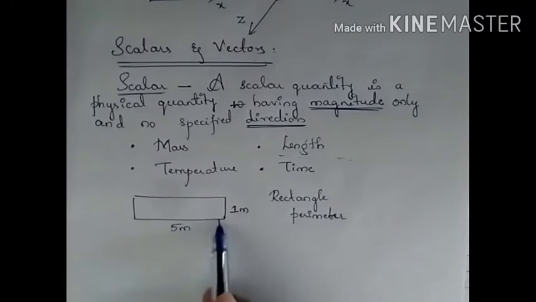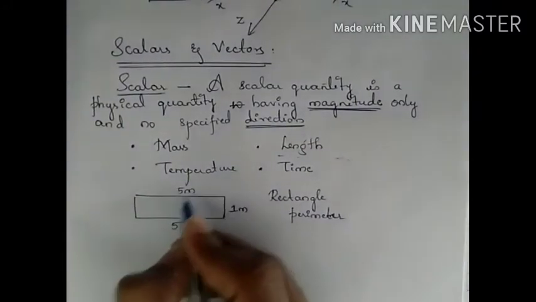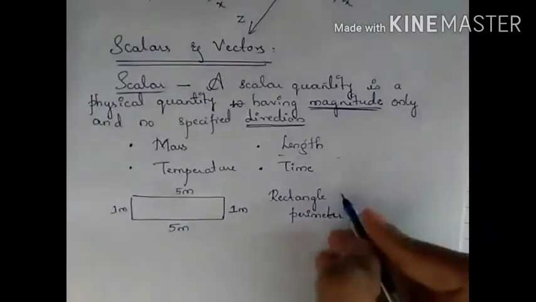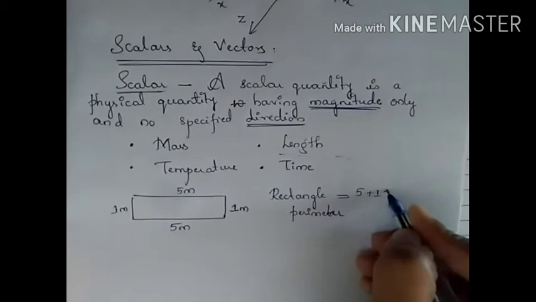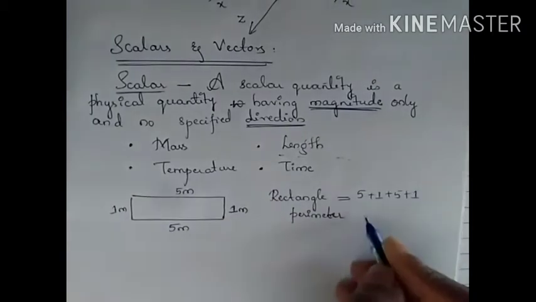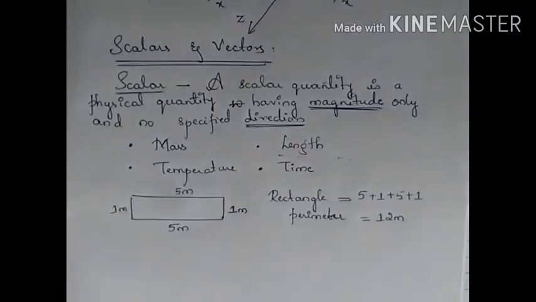Perimeter means the addition of all the sides. So if this is 5 meters, this is again 5 meters, and this is 1 meter, adding all this, 5 plus 1 plus 5 plus 1, you get 12 meters. So the perimeter of the rectangle is 12 meters.